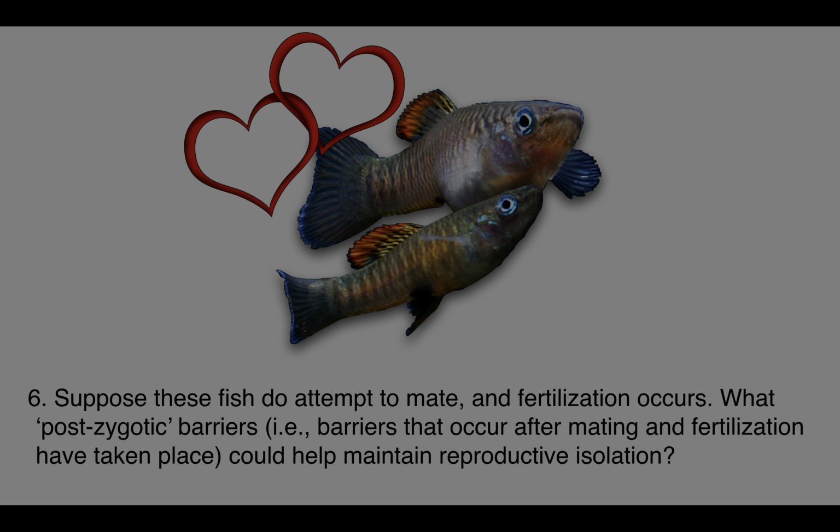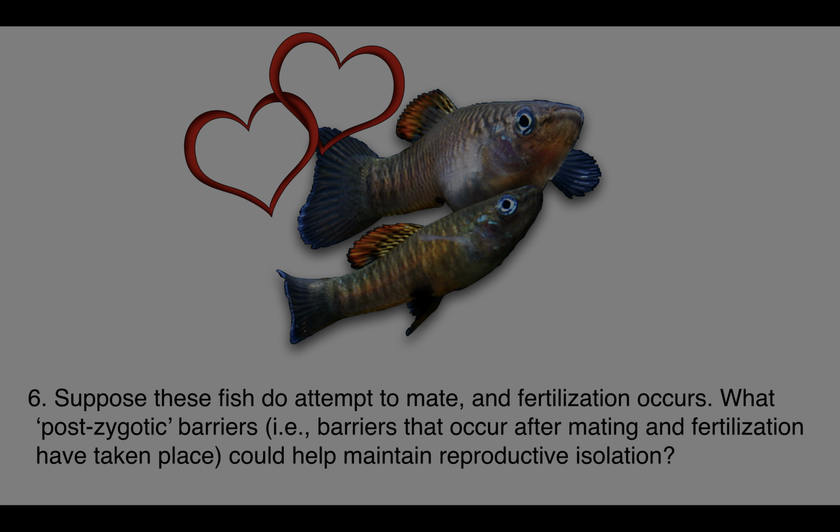So there are also barriers that could prevent gene flow between two different populations, even when none of those prezygotic barriers are present. Okay, so let's suppose these fish do attempt to mate and they do successfully fertilize with each other.